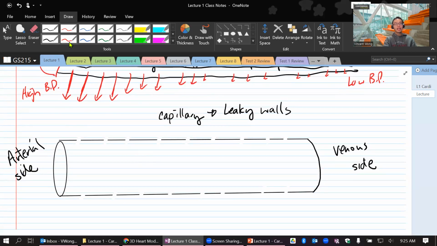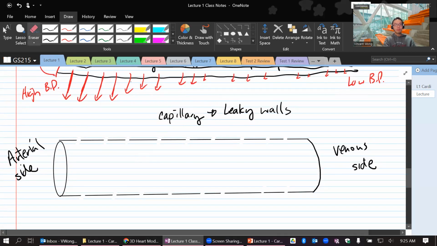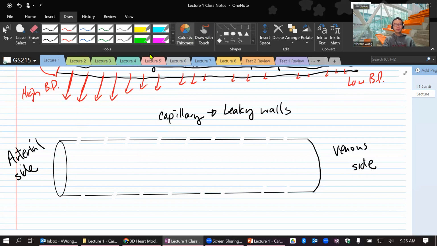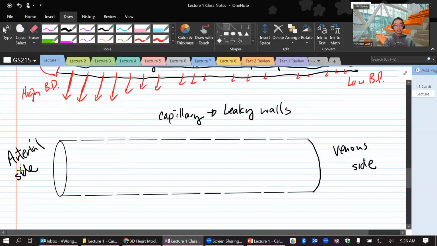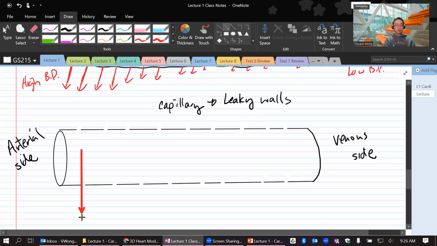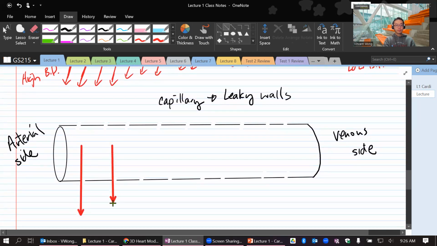So, what is the effect of blood pressure on capillary exchange? Well, as I try to explain to you here, the blood pressure is going to be quite high on the arterial side, and it will be pushing things out like that. But as you move towards the venous side, the blood pressure is going to drop.